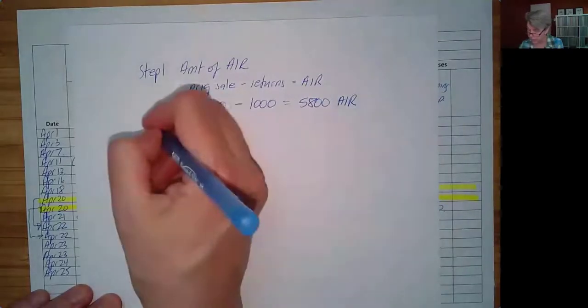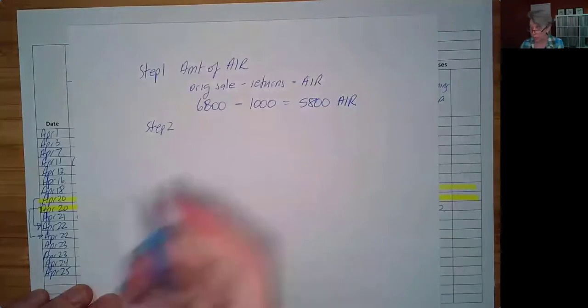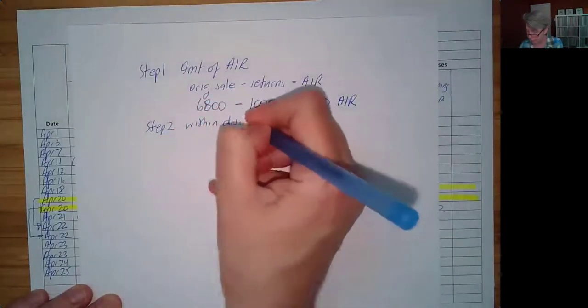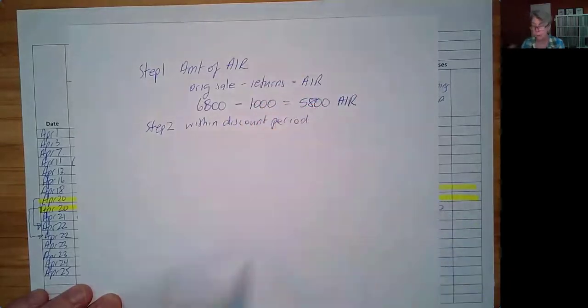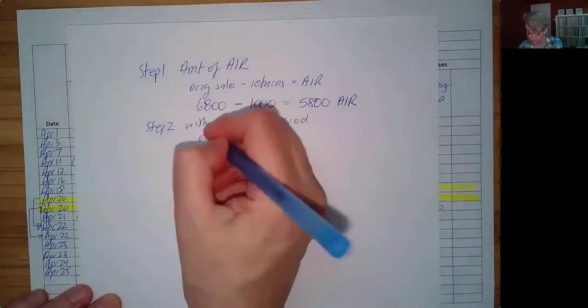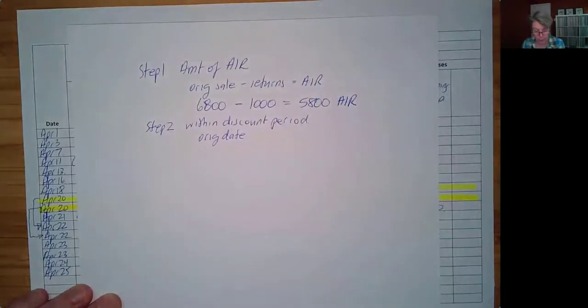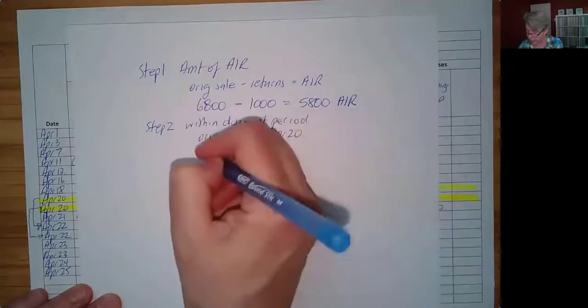Let's do step 2. Step 2 is, is it within the discount period? Can the customer take a discount? Well, let's look. We need first the original date. The original date in this case was April 20th. Then we need the terms.